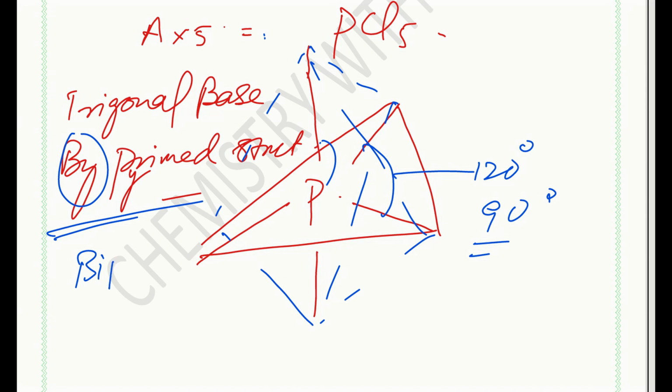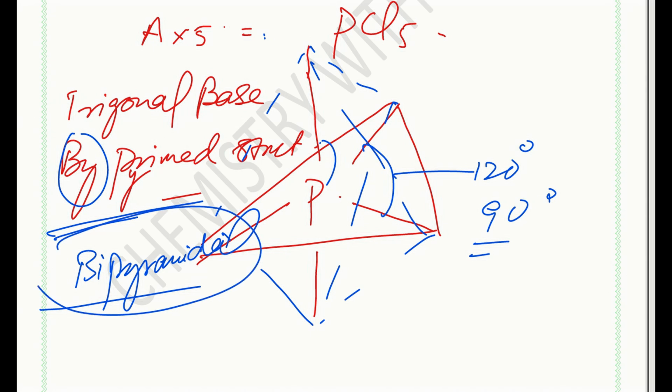It's a bipyramidal shape actually. So it's like P, 1, 2, 3, 4, 5, right? This is Cl, Cl, Cl, Cl, and Cl. This is called trigonal based bipyramidal shape.